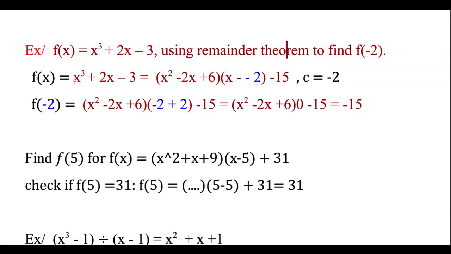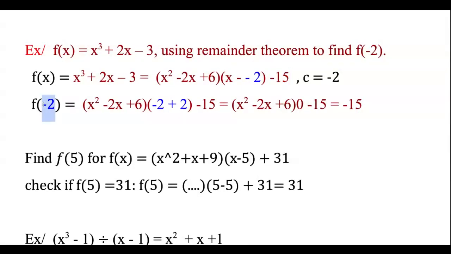So what do? We want to put this one factor. So what is the divisor? The divisor will be x minus negative 2, which is x plus 2. Right. So we want to do long division with this, with divisor x plus 2. Then when we do that, we get a quotient to be x squared minus 2x plus 6, and the remainder negative 15.